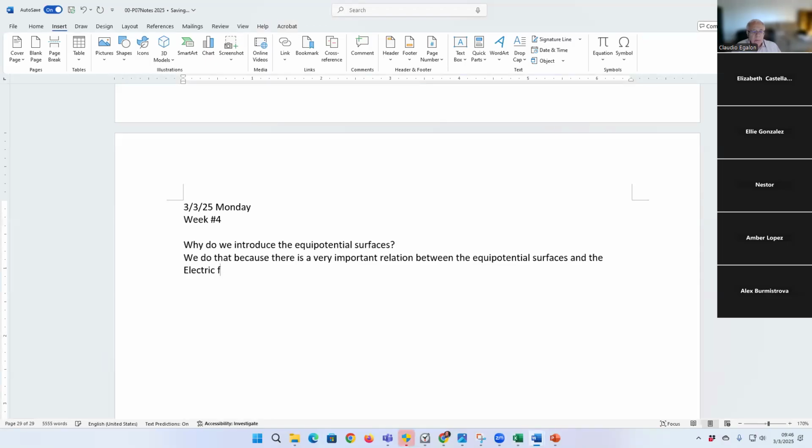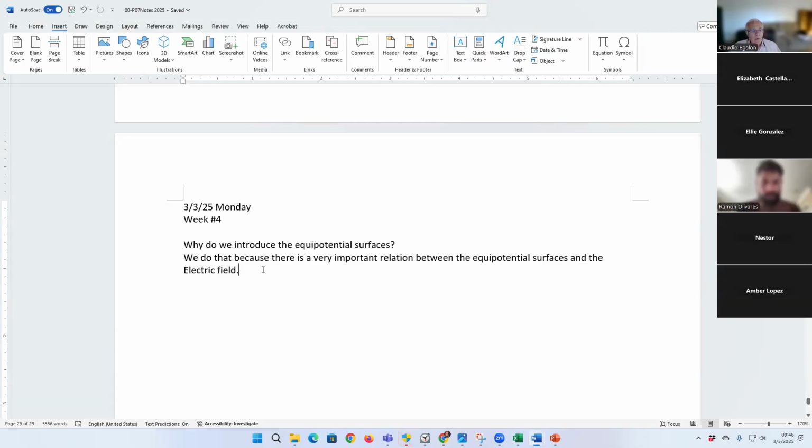Even better, there is a relation not just with the equipotential surface, but also with the potential itself, the electric potential itself.